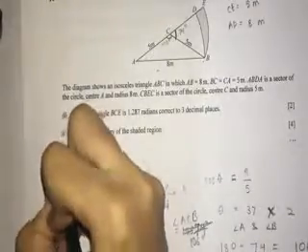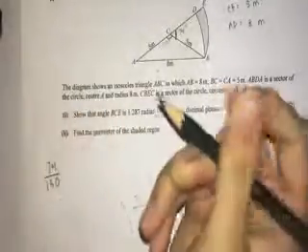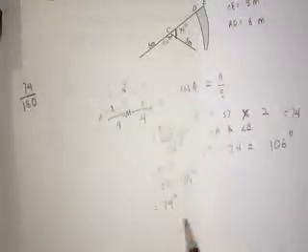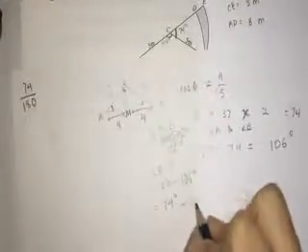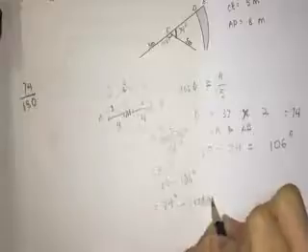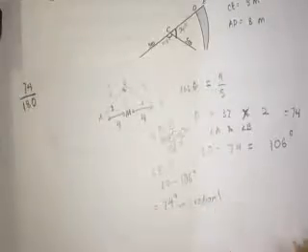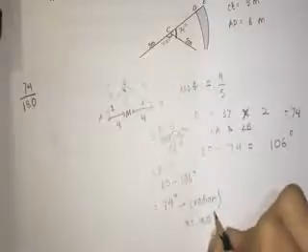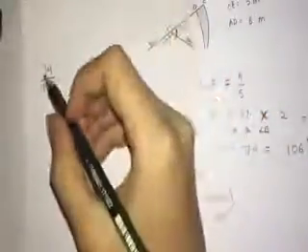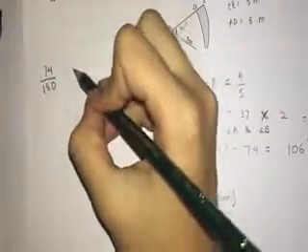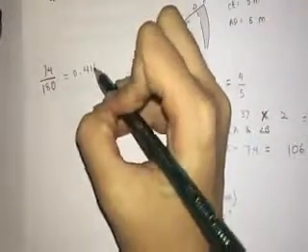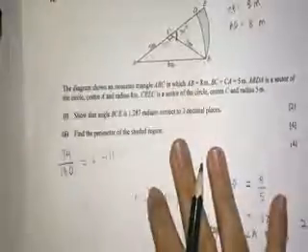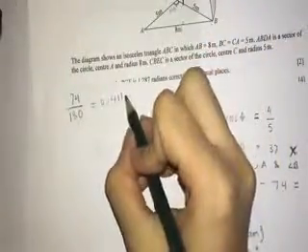So 74 over 180, because we're shifting it to radian mode, and pi is equal to 180 degrees. So we divide by 180, which gives us 0.411, 3 decimal places, pi.